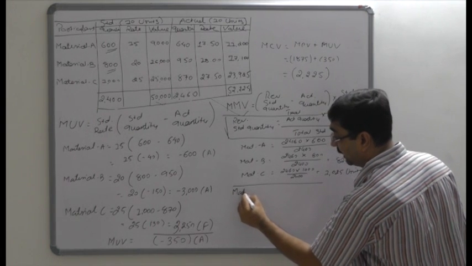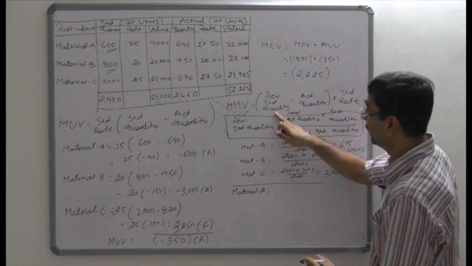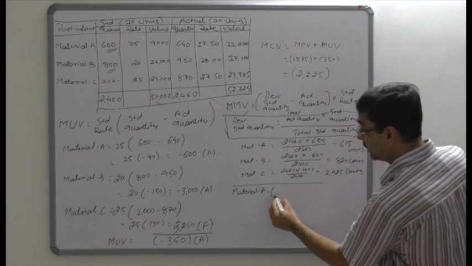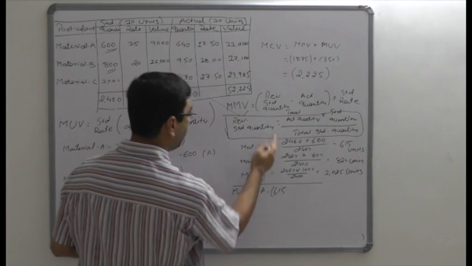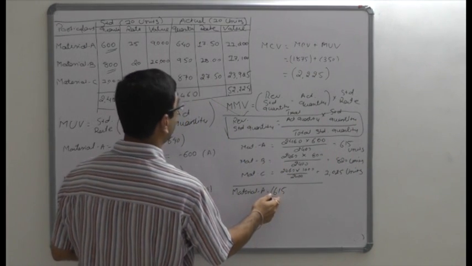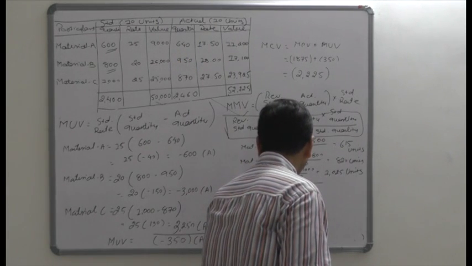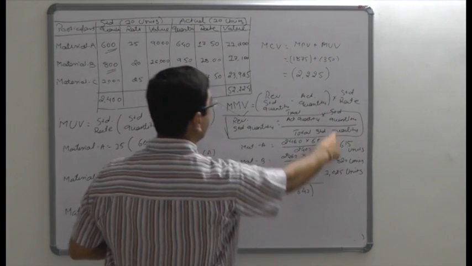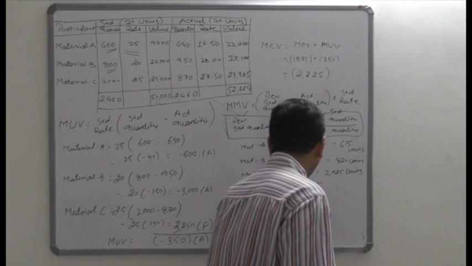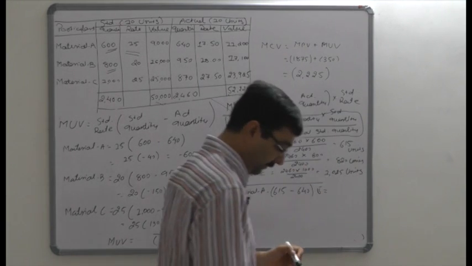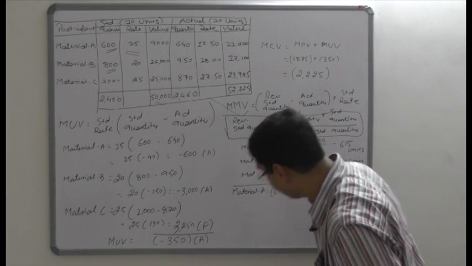Let's start with material A. Revised standard quantity for A is 615 units, minus your actual quantity 640, into your standard rate, which for material A is 15.